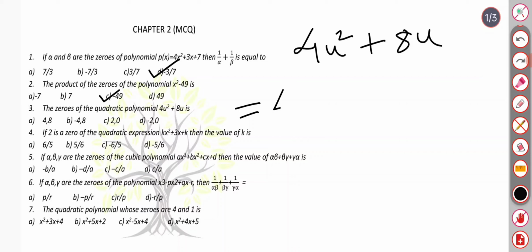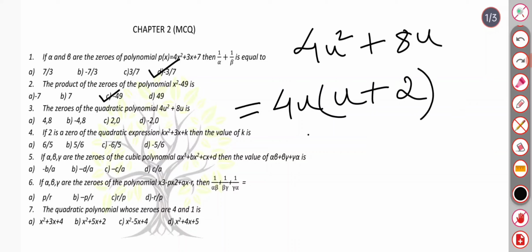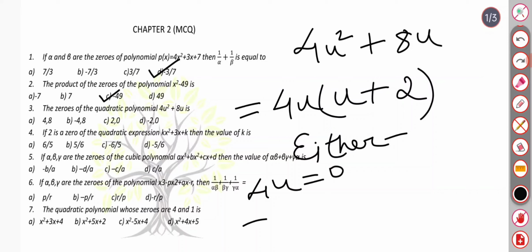From 4 and 8 we can take 4 common. From u square and u we can take u common. If you take 4u common, what will you get here? u plus 2, since 8 divided by 4 is 2. So if you do either or, what will you get? 4u equal to 0. So ultimately u will be 0, because 4 will go to this side and divide. So 0 divided by 4 is 0.